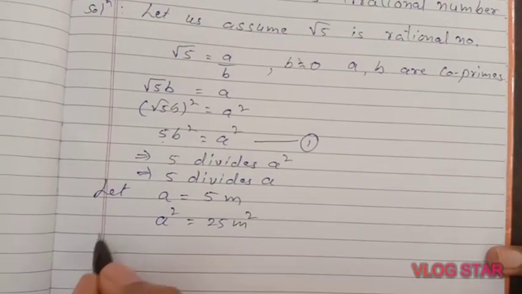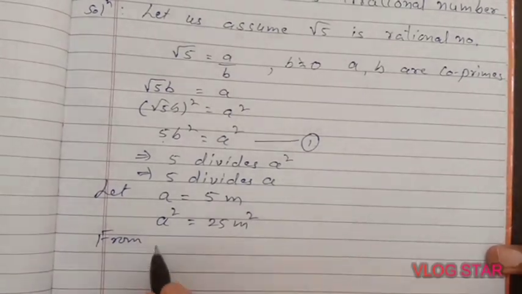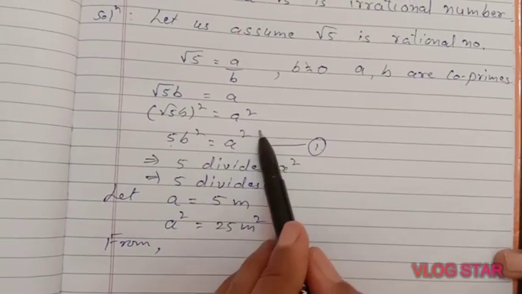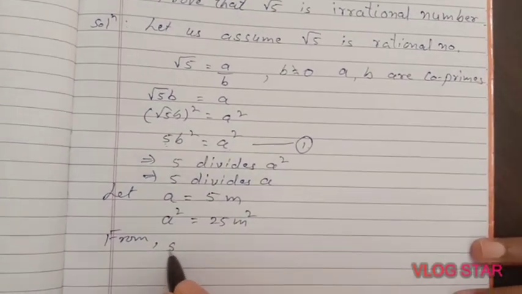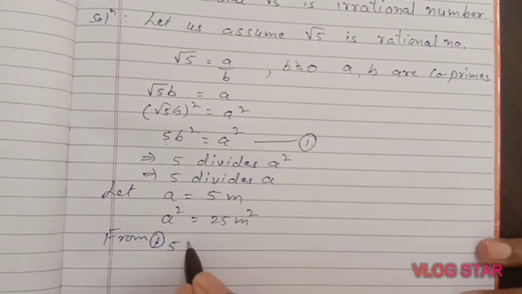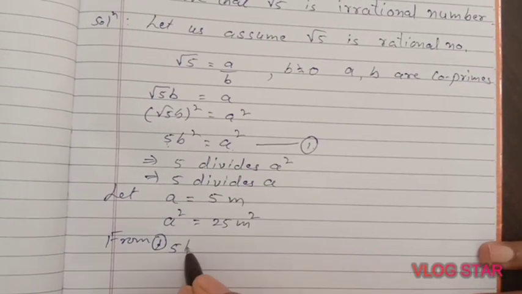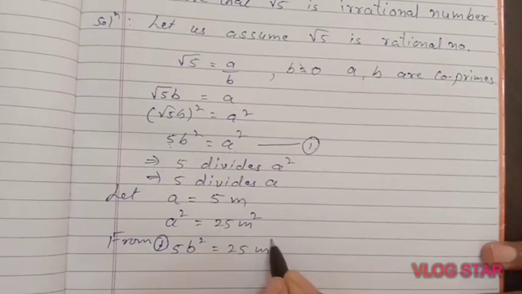Now from equation 1, if I put the value of a square, in place of a square I will write 5b square equal to 25m square.